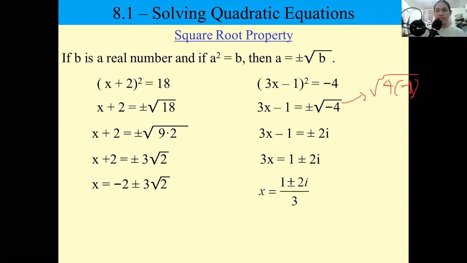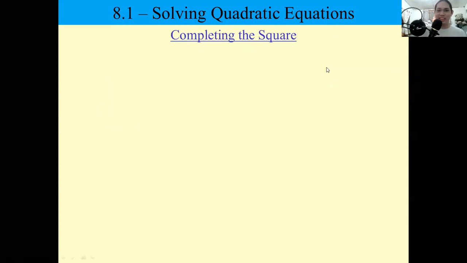So you can have your final answer as x is equal to 1 plus and minus 2i all over 3. Or you can separate the denominator as x is equal to 1/3 plus minus 2/3 i. So that's it. That's how you use the square root property. But in this case, we involve the imaginary number, right?